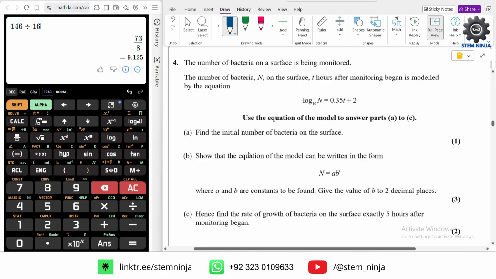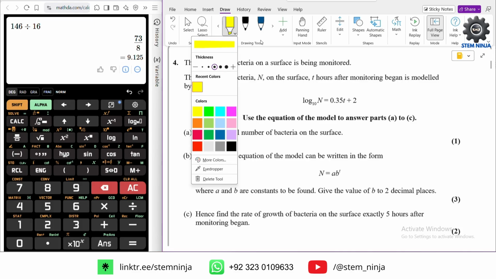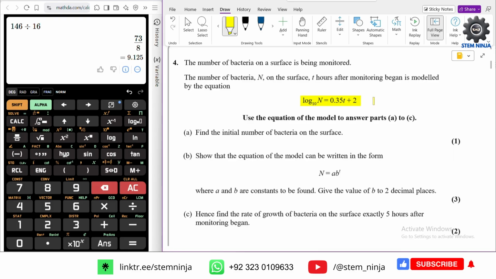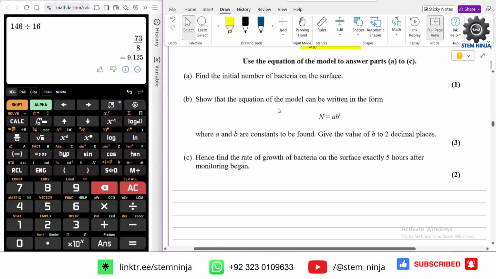Question number 4. The number of bacteria on a surface is being monitored. The number of bacteria n on the surface t hours after monitoring began is modeled by the equation. Okay. Find the initial number of bacteria on the surface.